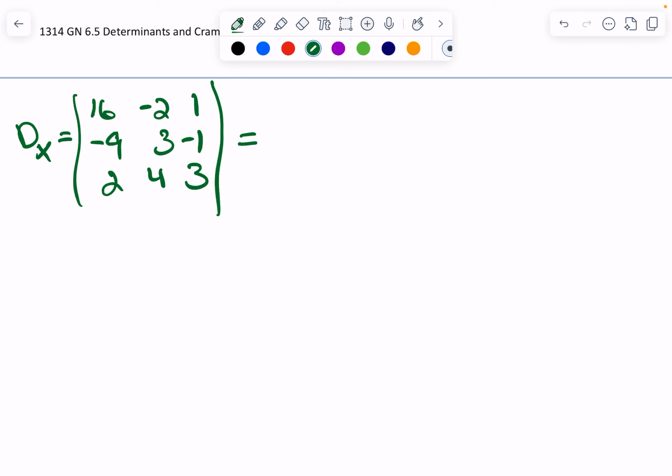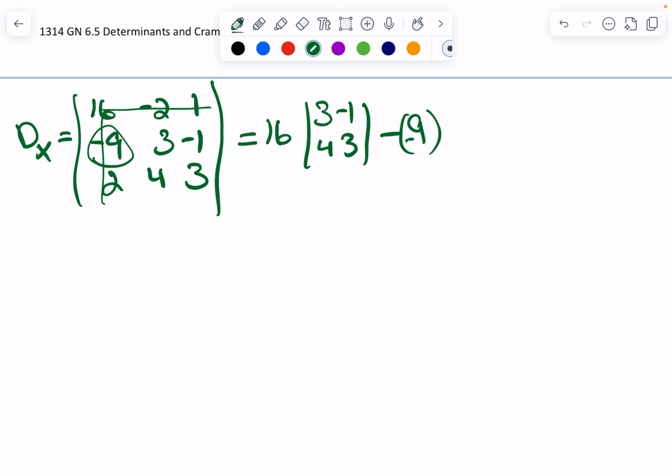So 16, cross out the row and the column that 16 is on, and we get 3, negative 1, 4, and 3, minus negative 9, and we're crossing out the row and the column where negative 9 is, negative 2, 1, 4, and 3, and plus 2, crossing out the column and the row where the 2 is, negative 2, 1, 3, and negative 1.